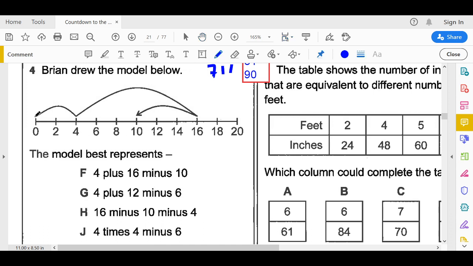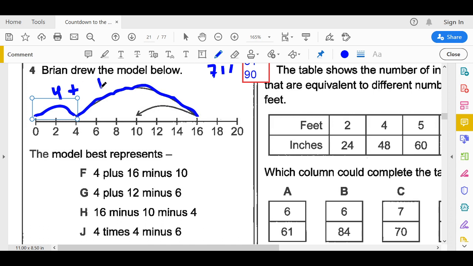The first jump is 4. Please write it there so you remember what we're doing here. Plus, because we're going to add the other line. The other jump, let's see how many is that. This is 2. Remember, each line is 2. 2, 4, 6, 8, 10, and 12.